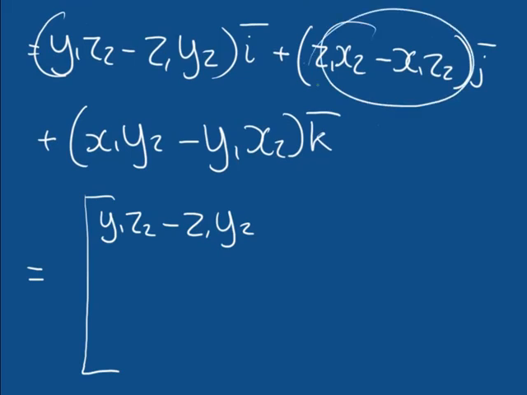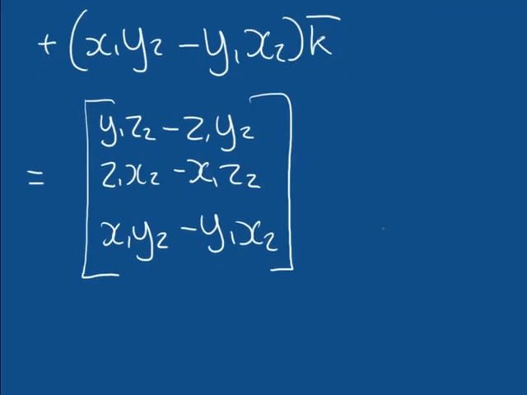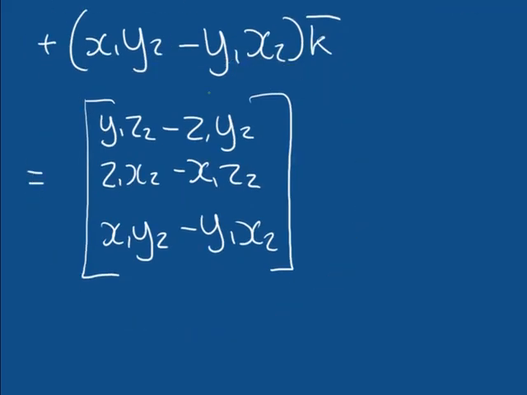This scalar value is our y component, z1 x2 minus x1 z2. And this scalar value right here is our z component, x1 y2 minus y1 x2. This right here is the component definition of the cross product.